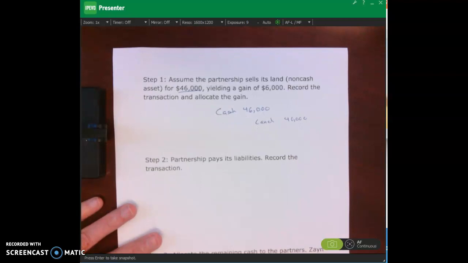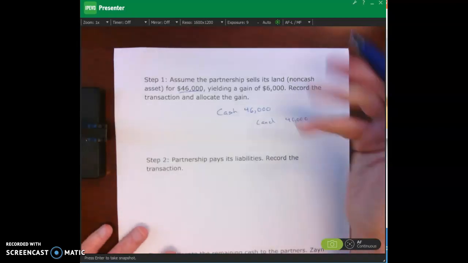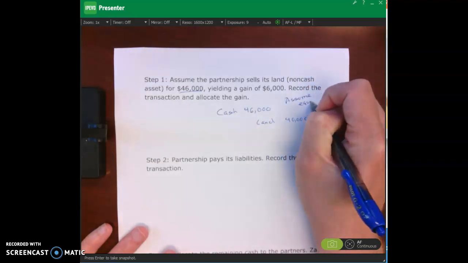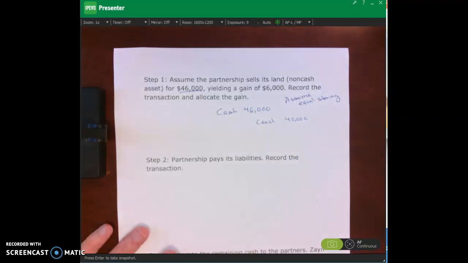How do we distribute this gain? According to their income and loss sharing agreement, which would be specified in their partnership agreement. Let's just assume that we share our income and losses equally. So we have a $6,000 gain.